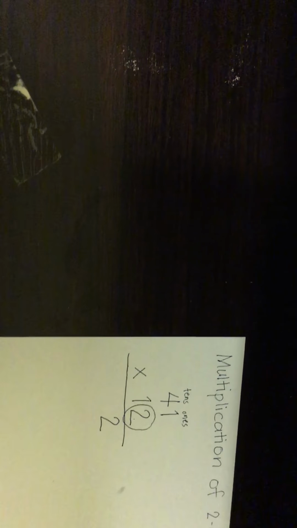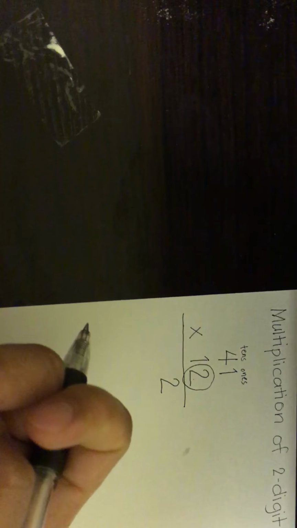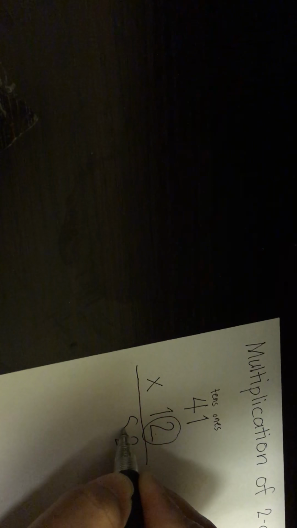Then let's go to the 4 tens. We multiply 2 by 4, and we can skip count by 4: 4, 8. So 2 times 4 is 8. We write 8 in the tens.